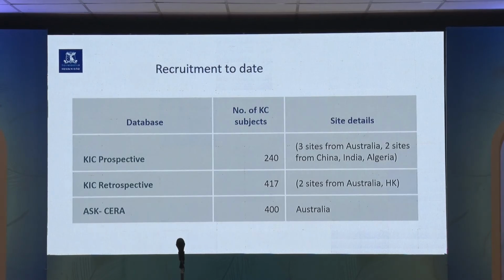In terms of data that we've already collected, retrospective, we have 400 individuals from 2 sites in Australia and also Hong Kong, Calvin Pang. We also have some prospective data from China, Australia and Algeria, and we also have another 400 samples from our own previous study as well. So about 1,000 samples already collected for KIC, and this number is rapidly growing as I speak.